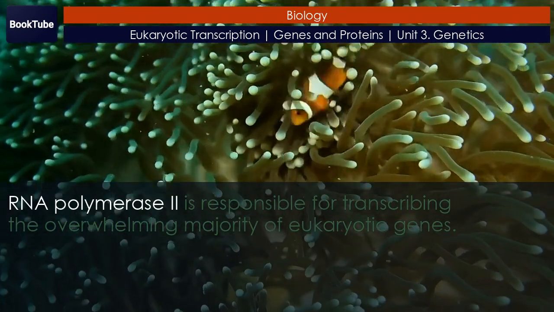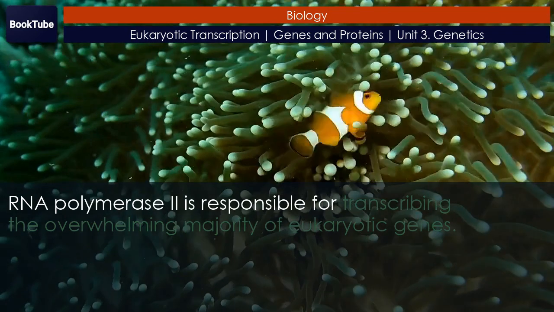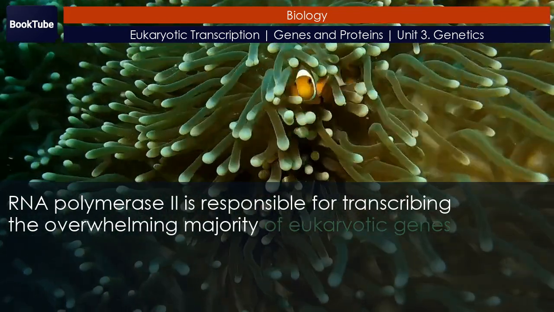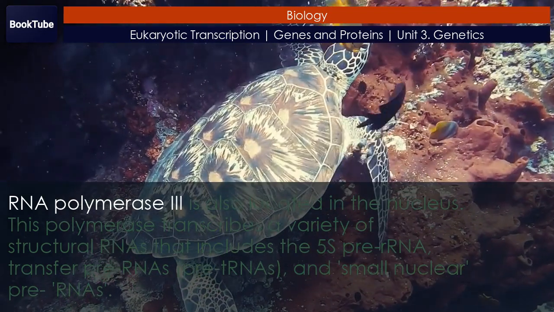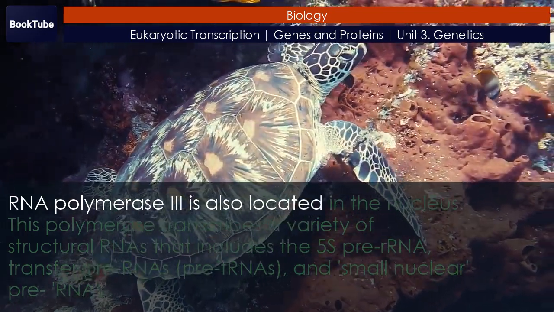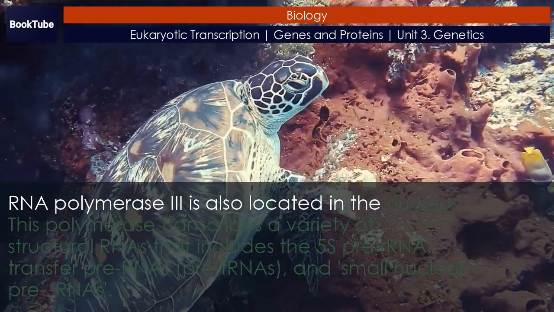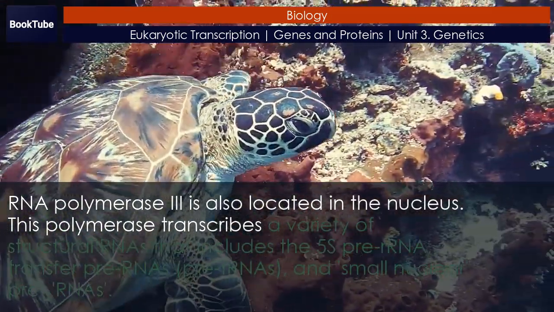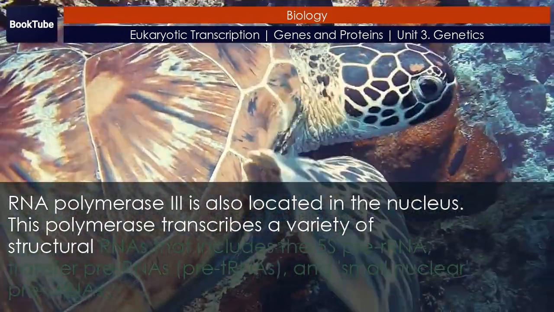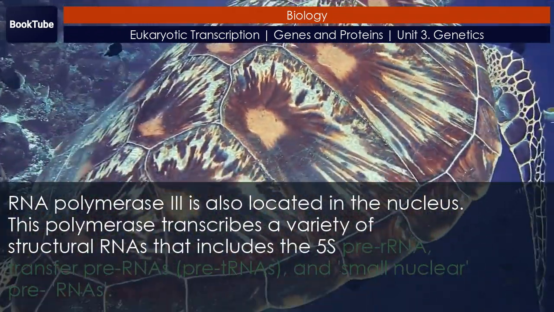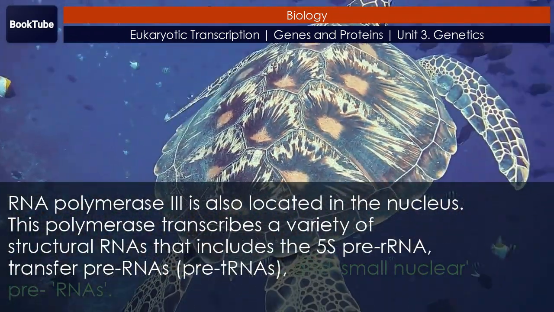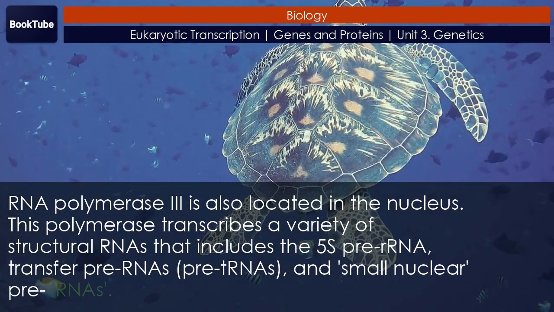RNA polymerase II is responsible for transcribing the overwhelming majority of eukaryotic genes. RNA polymerase III is also located in the nucleus. This polymerase transcribes a variety of structural RNAs that includes the 5S pre-rRNA, transfer pre-RNAs, pre-tRNAs, and small nuclear pre-RNAs.